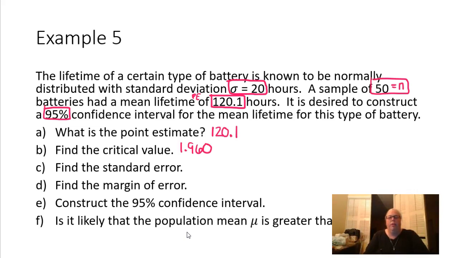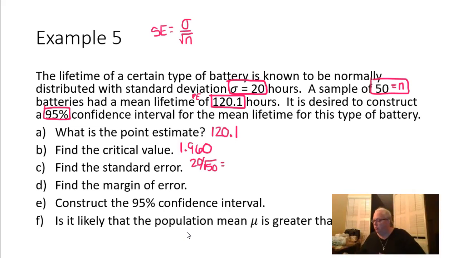The standard error, remember our formula for the standard error we said on the previous slide was going to be the standard deviation divided by the square root of n. So in our case, that's going to be 20 divided by the square root of 50.